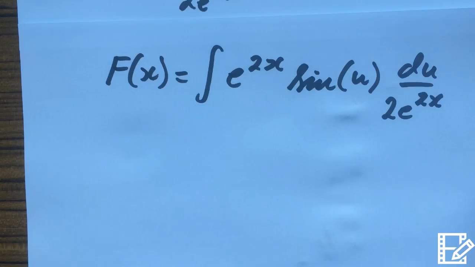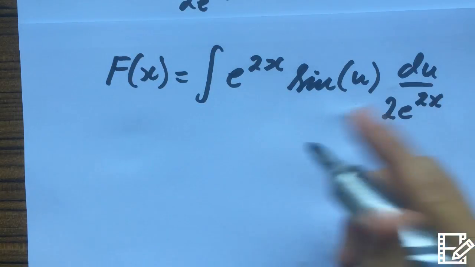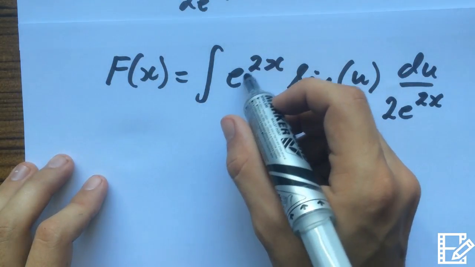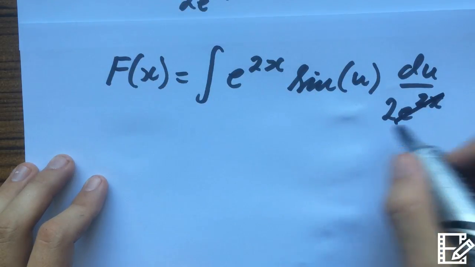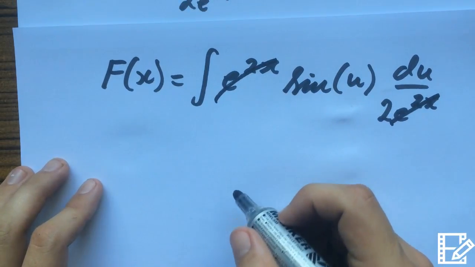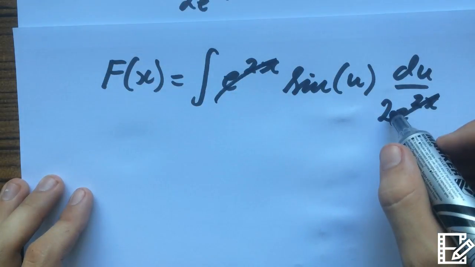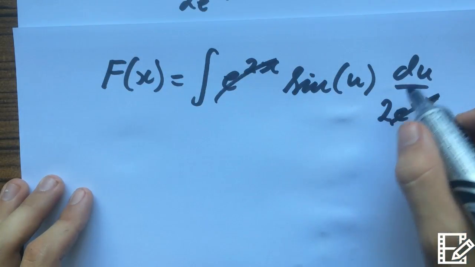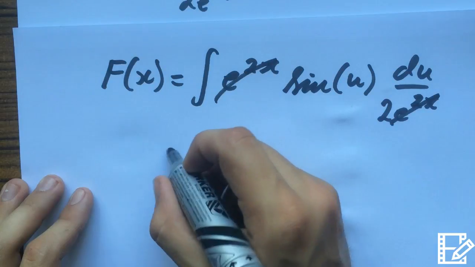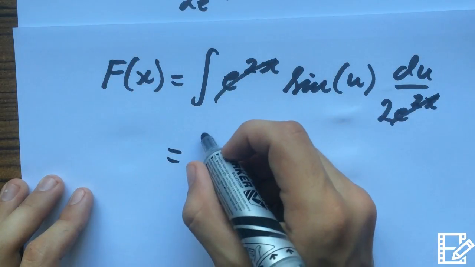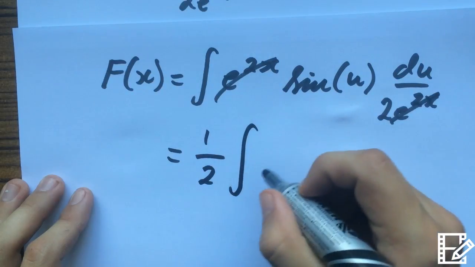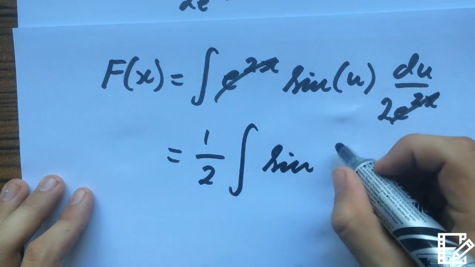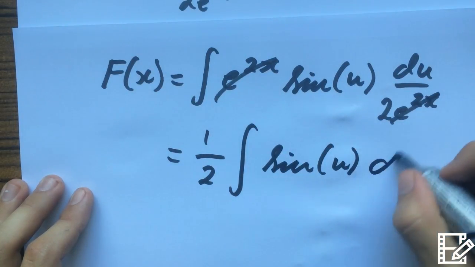Now, we've got an e to the power of 2x and a 2e to the power of 2x, so we can cancel these out. And what are we left with then? We're left with a half multiplied by du. We can bring the half out because it's multiplication by a constant. And we're left with sine u du.